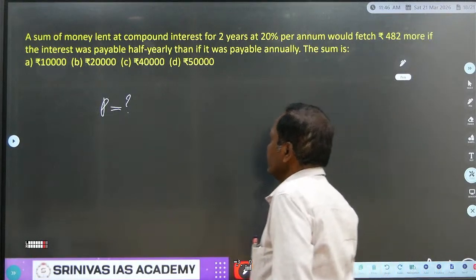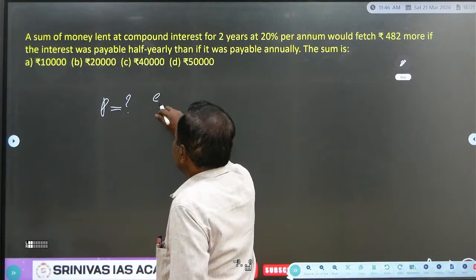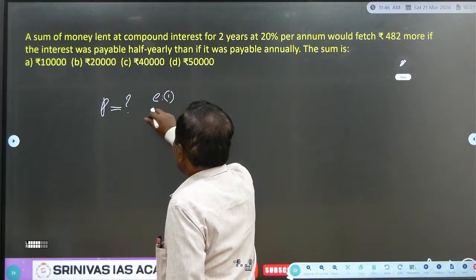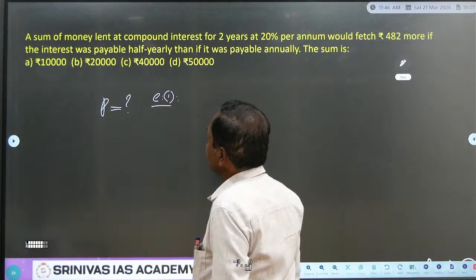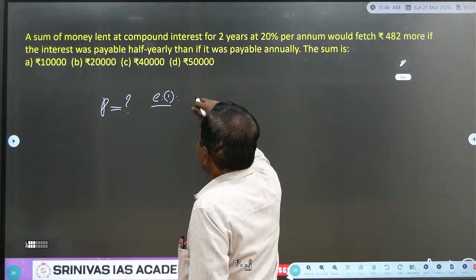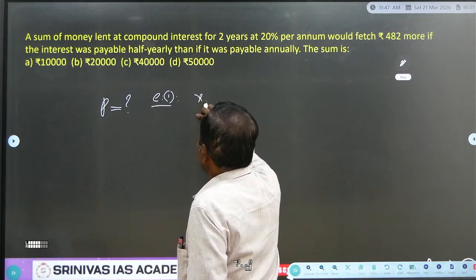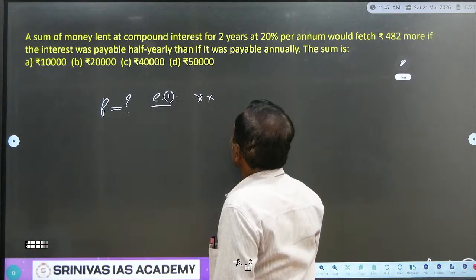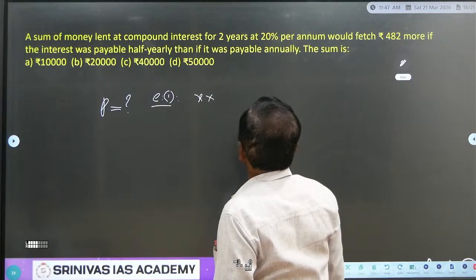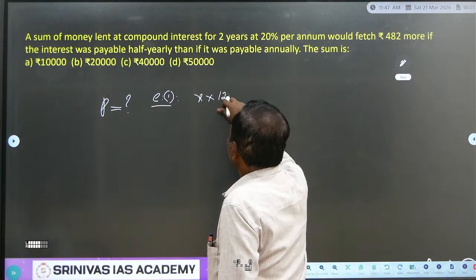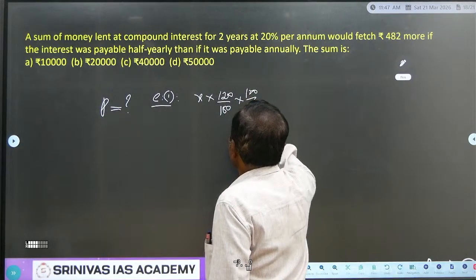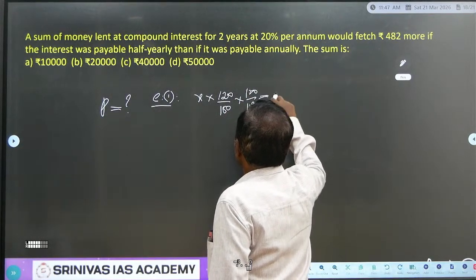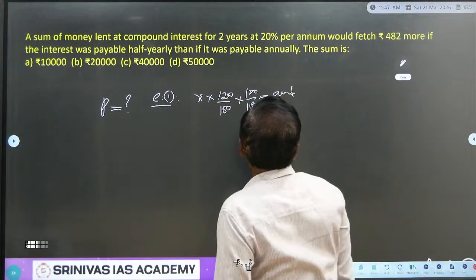First let us take equation 1. The sum of money is the question now, isn't it? Let us take this as x. What is the rate of interest? 20% per annum, so 120 for 2 years, into 120. You get the amount, isn't it?